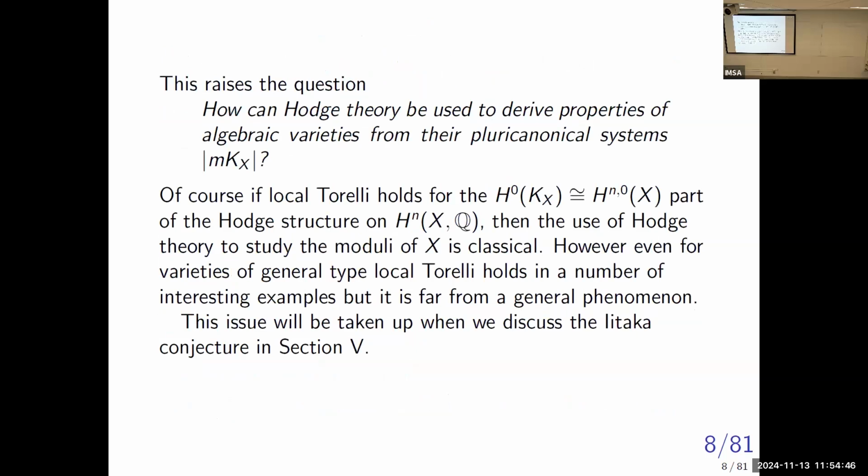And that's what I was just discussing. How can Hodge theory be used to derive families of algebraic varieties from the pluricanonical systems, not just the canonical bundles?